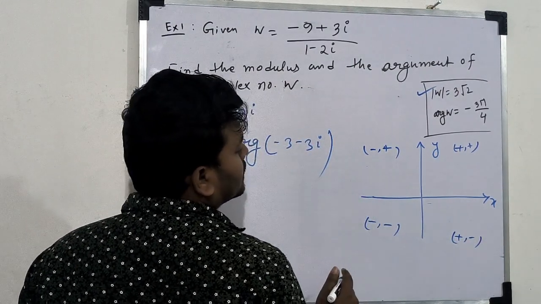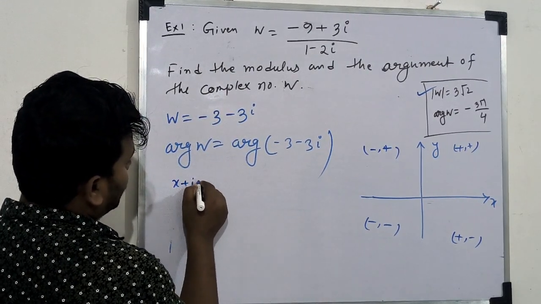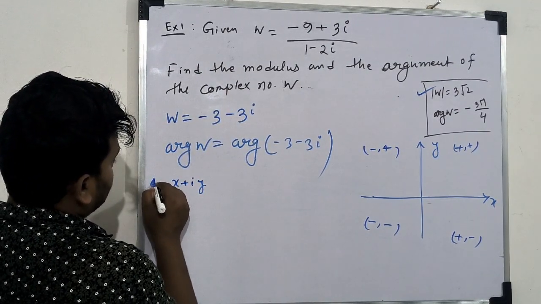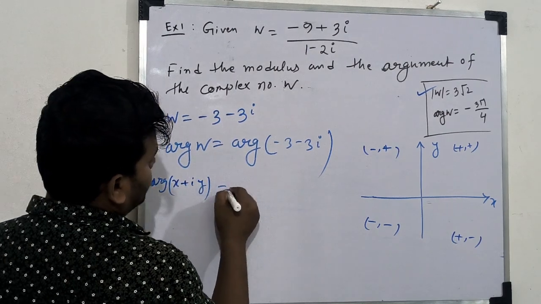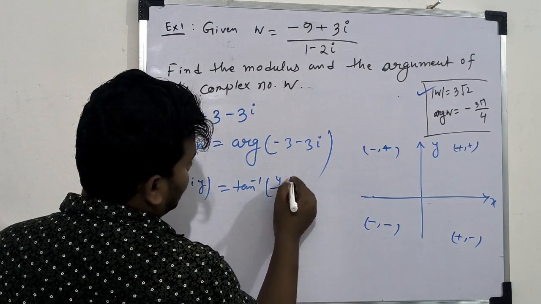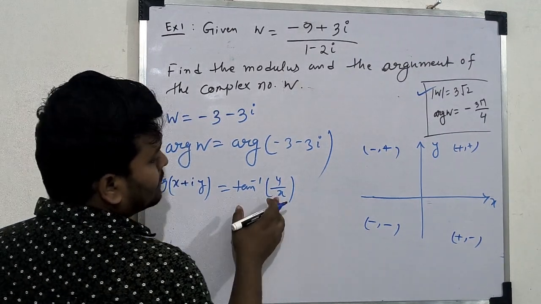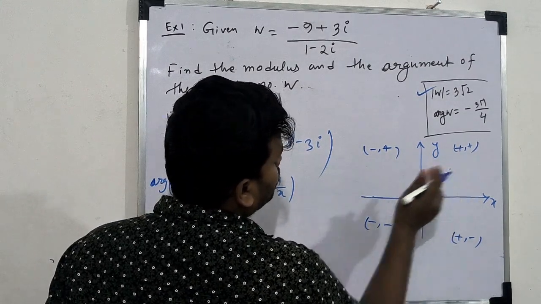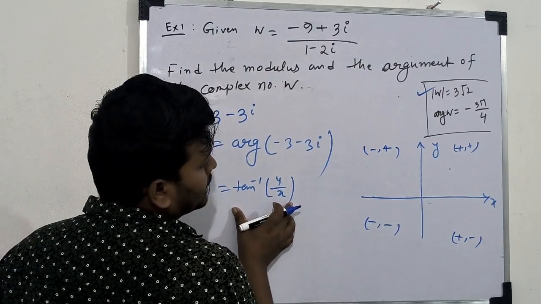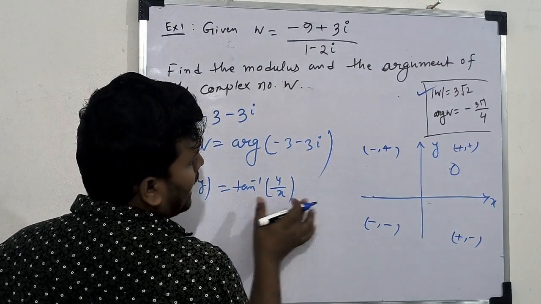So for the argument of x plus iy, it is tan inverse y by x, and depending on which quadrant x and y belong to, we add an extra term. When x and y are positive, 0 is added.